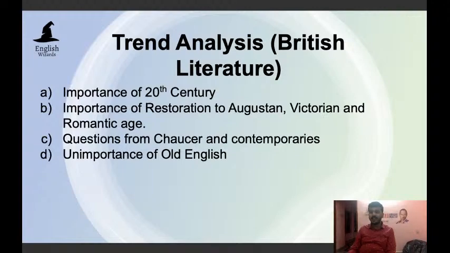Then there are stuff like Old English period, Middle English period. If you look at certain guides, there are pages and pages of information. But usually, sometimes one question is asked, sometimes 2 questions are asked, mostly 0 questions are asked. So, unless you have a lot of time at your hand, you can usually just glance through this section.